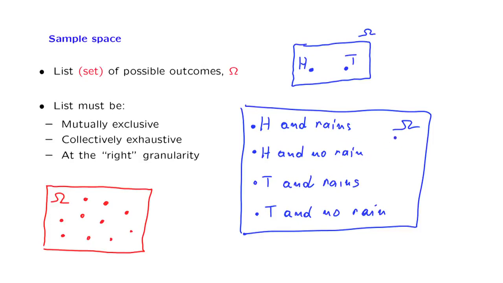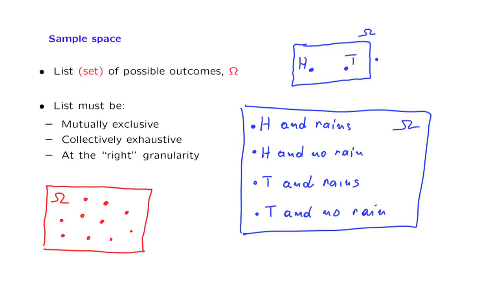This sample space, the second one, involves some irrelevant details. So the preferred sample space for describing the flipping of a coin is the simpler one, the first one, which is sort of at the right granularity given what we're interested in.